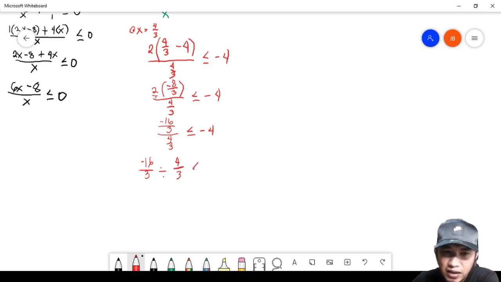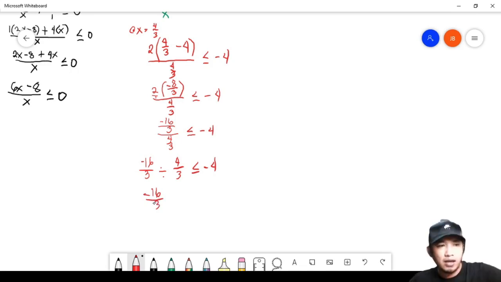Dividing a fraction is kukunin mo lang yung reciprocal nito, and then we will proceed to the process of multiplication, and that is negative 16 all over 3 multiplied to 3 over 4 is less than or equal to negative 4.